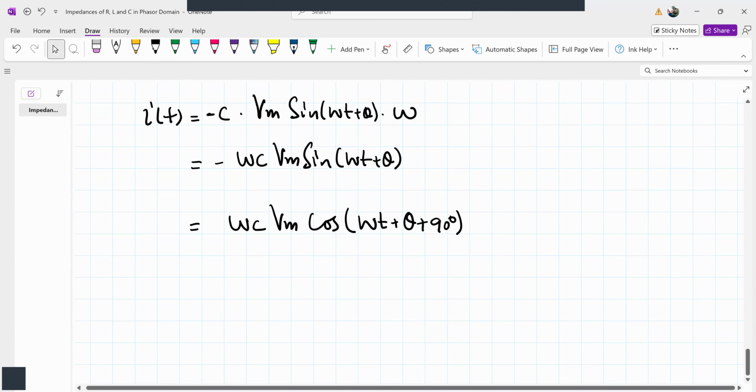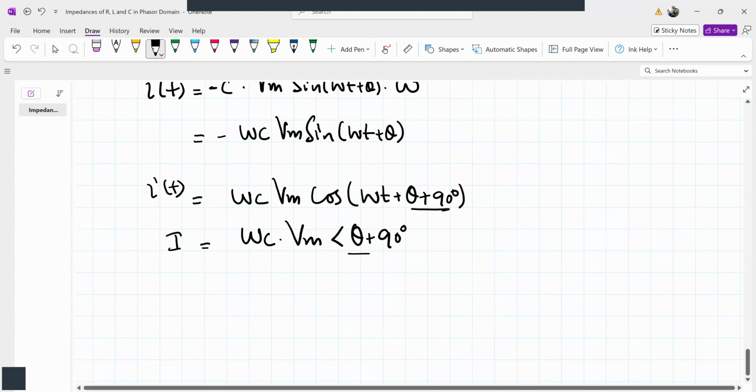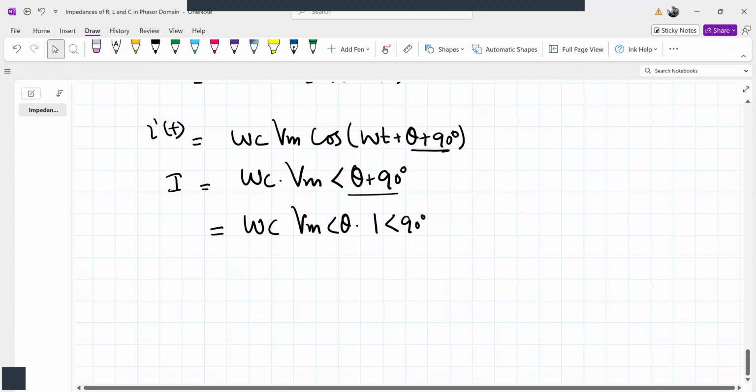Now if I write I of t in phasor form, I'll say the I phasor is equal to omega C times Vm at an angle of theta plus 90 degrees. What's the phase here? Theta plus 90 degrees. I'll break this into two terms. So I'll write omega C Vm at an angle of theta, times 1 at an angle of 90 degrees.